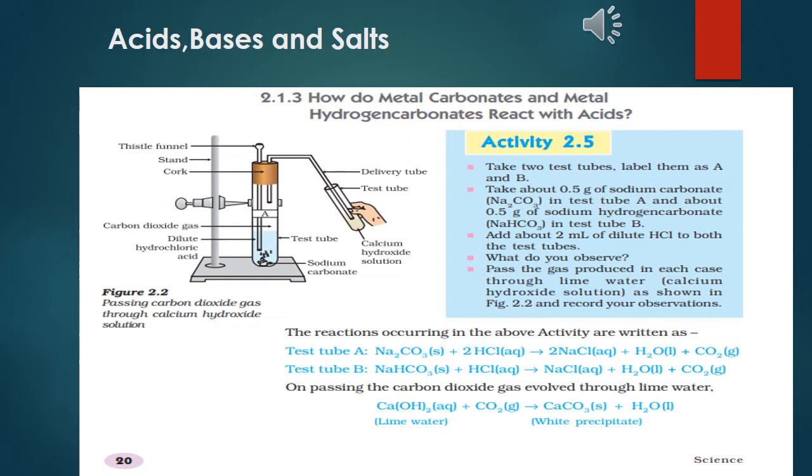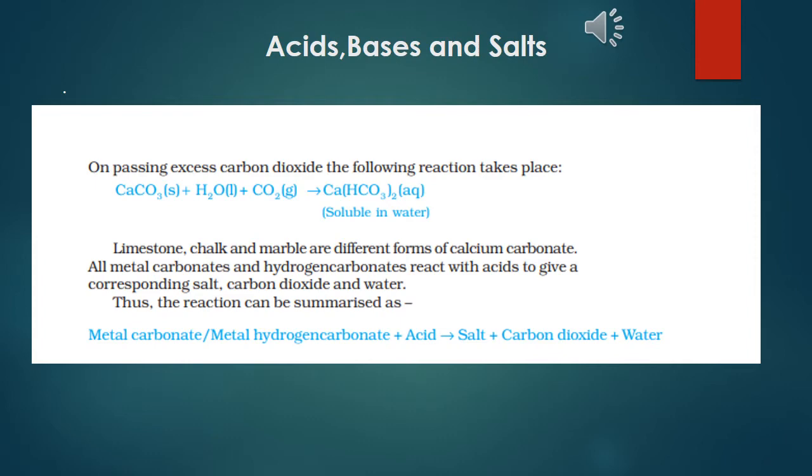This is a very important reaction: if you pass carbon dioxide through lime water, then calcium carbonate, a white precipitate, is produced along with water. So we have come to know that passing carbon dioxide through lime water produces a white precipitate of calcium carbonate along with water.